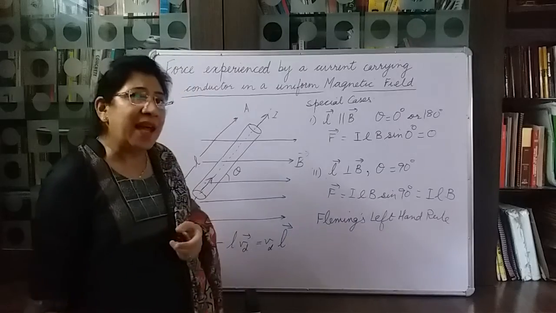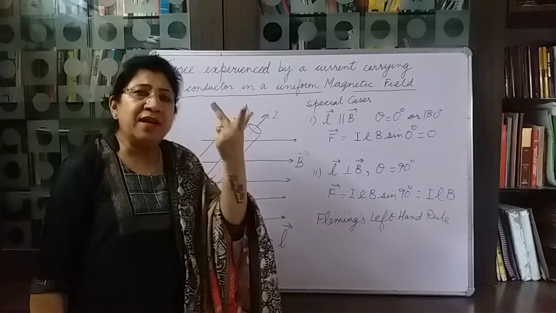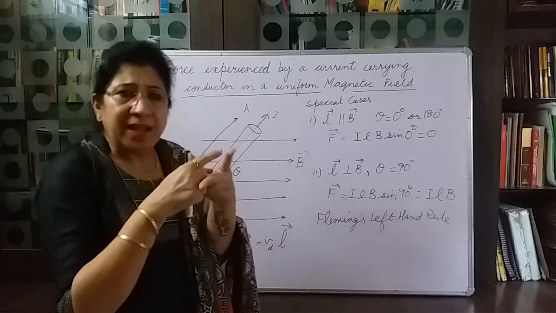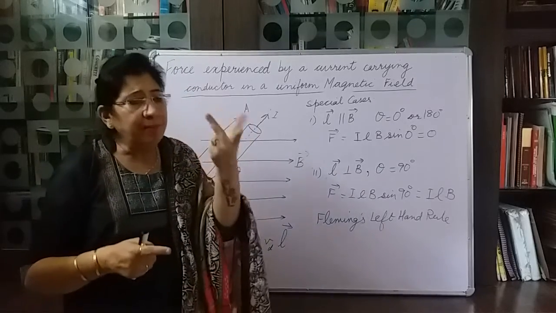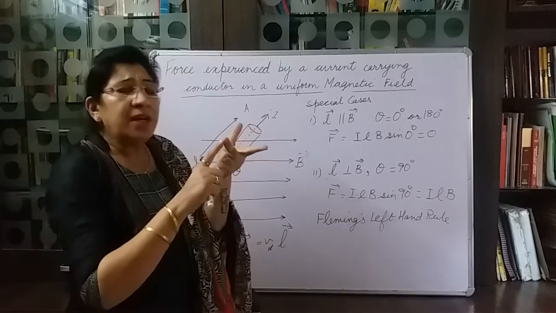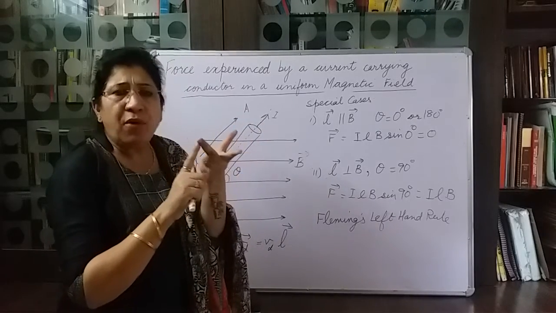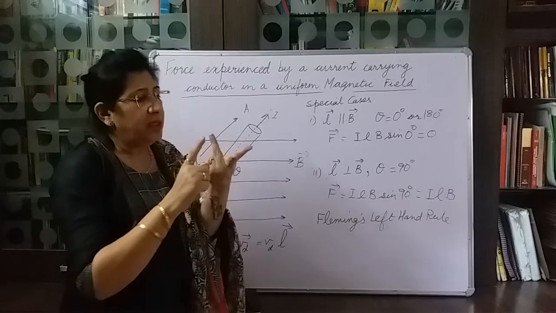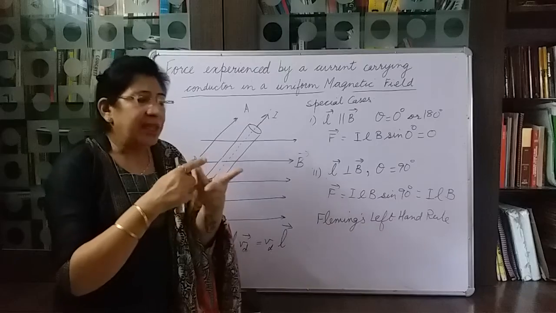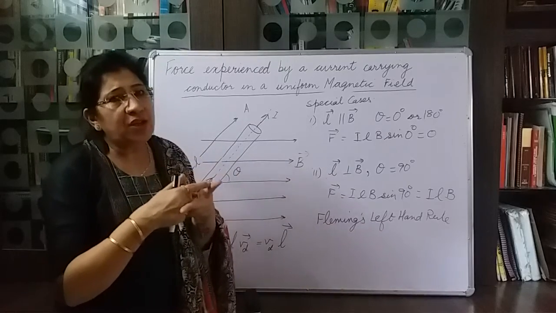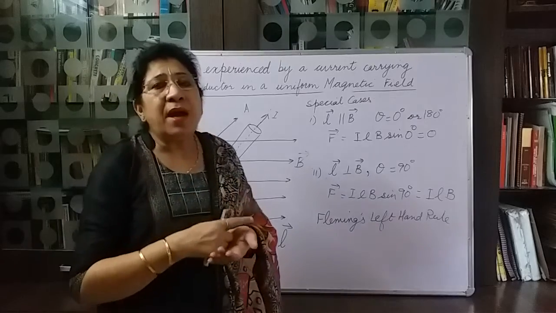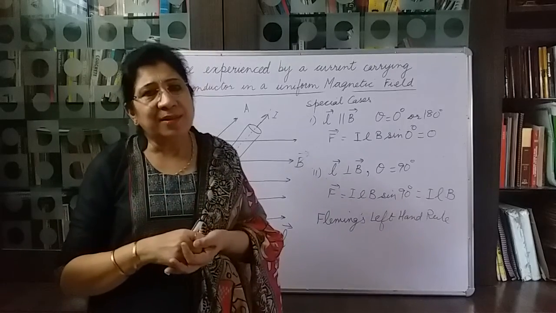This rule states that if we take these three fingers of our left hand, the central finger, the forefinger and the thumb, and stretch them perpendicular to each other, then if the central finger points in the direction of the current and the forefinger points in the direction of the magnetic field, then the thumb gives the direction of the force BIL experienced by the current carrying conductor.